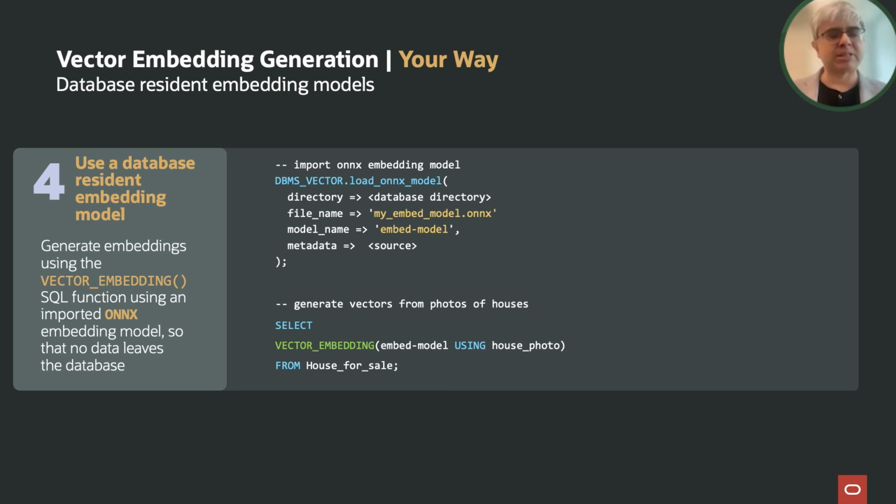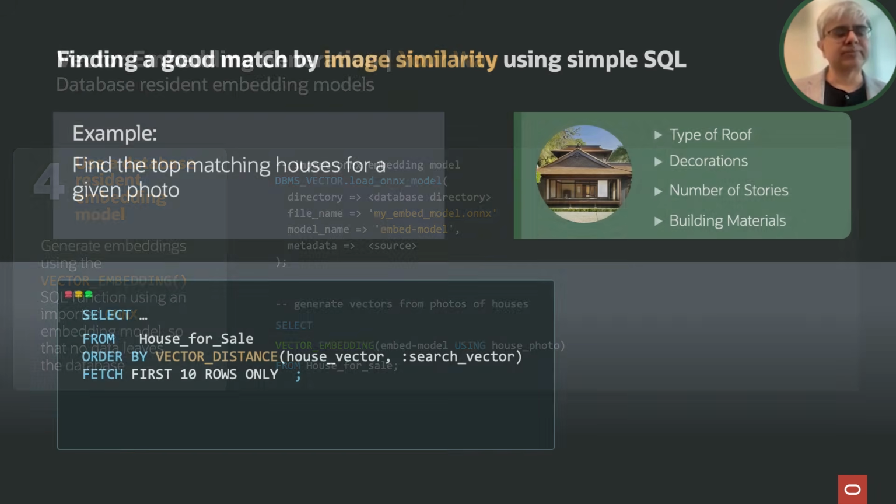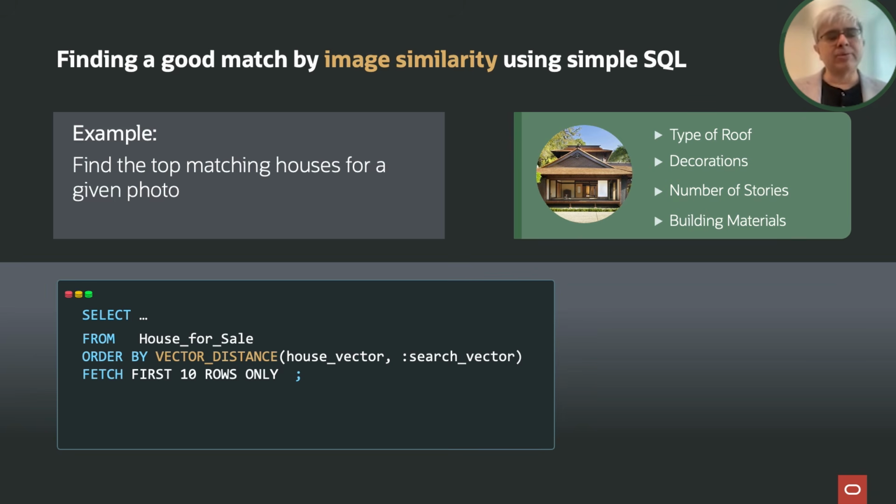So it's extremely simple. In this example, you can use the model you just imported to generate vectors from your house photograph. And this SQL select returns a vector from that house photograph. Now, as Maria said, the process of finding similar images is through simple SQL.